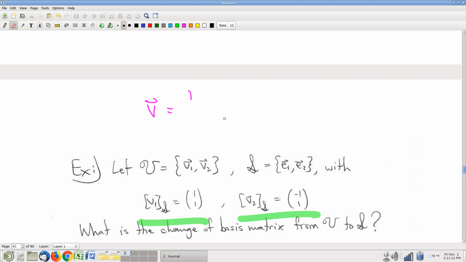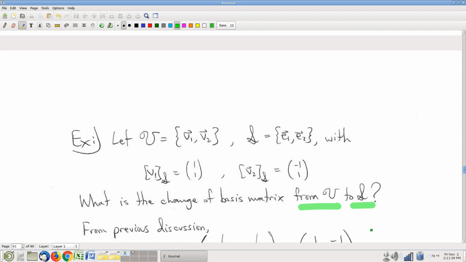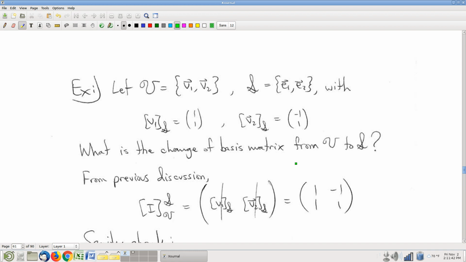Okay. Given this, how would I do a change of basis from V coordinates to S coordinates? Maybe I've got a bunch of vectors that are written in V language, and I would like to know how to represent those vectors in S language. What is the magic matrix that I can just multiply by and do the translation automatically? Well, that's the matrix on the previous page. The columns of this change of basis matrix are: take the input basis vectors, write them in the language of the output basis.